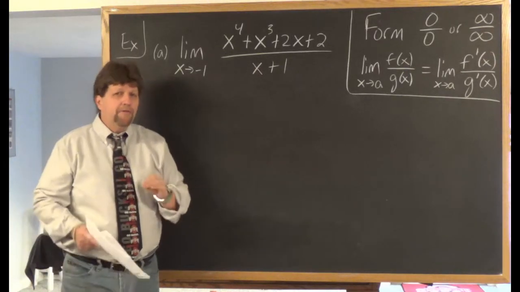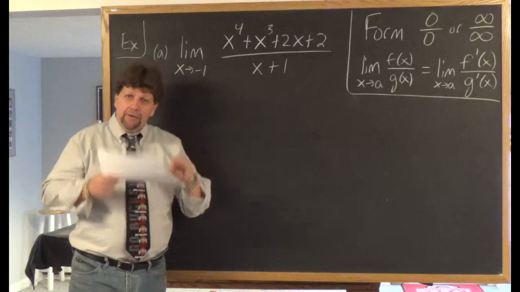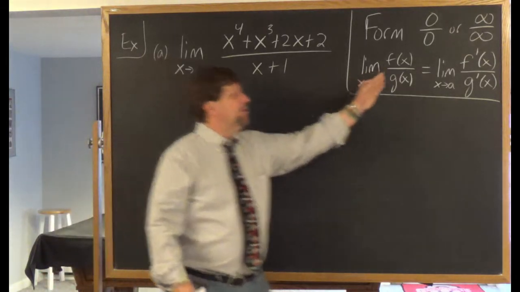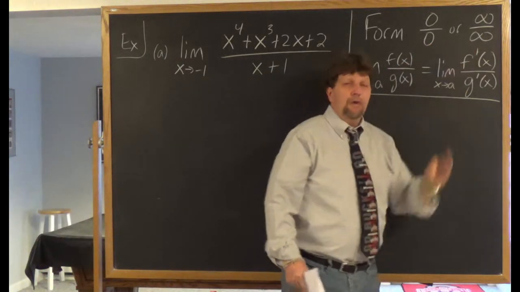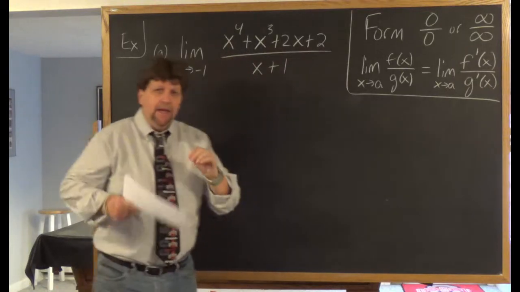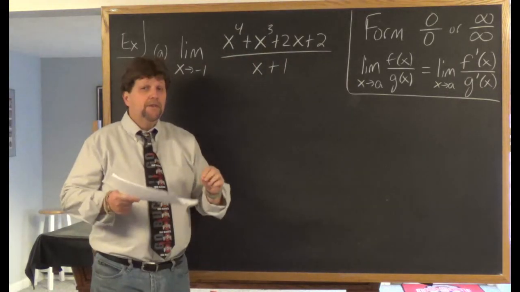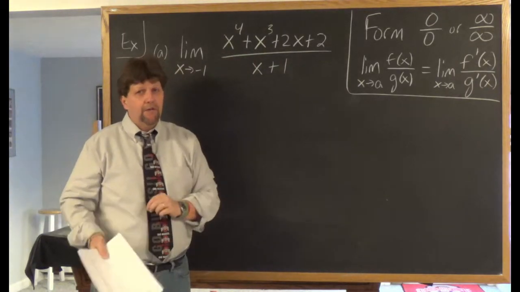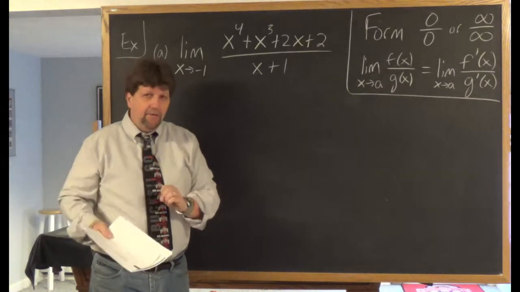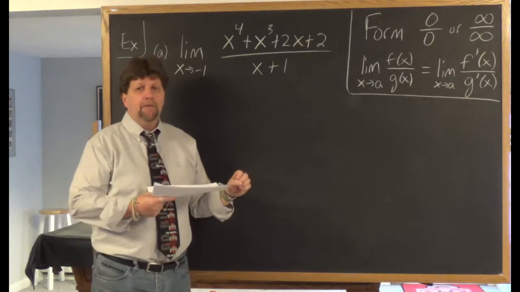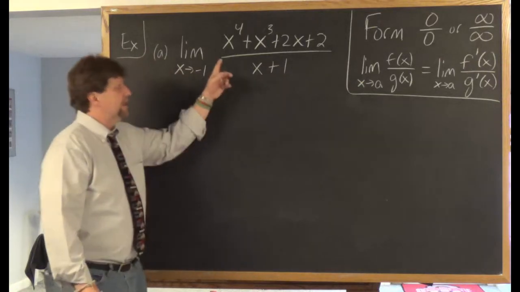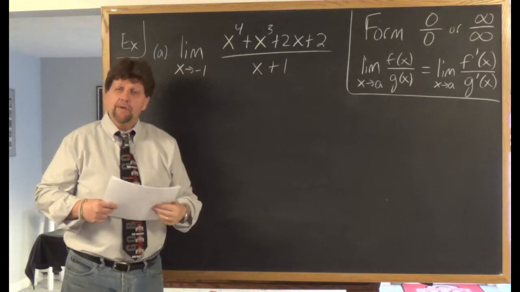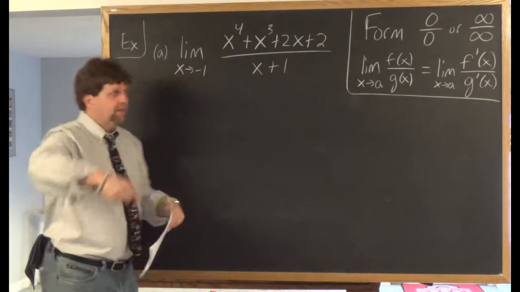Now it's important that you verify that you're of one of these 2 forms, 0 over 0 or infinity over infinity. It's only when you're of the form 0 over 0 or infinity over infinity that you can take the problem off to the hospital. So since this is of the form 0 over 0, we can go to the hospital with it.